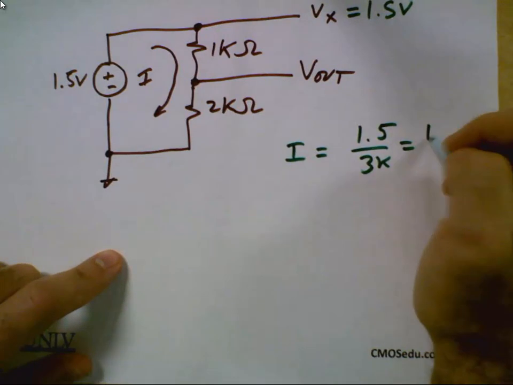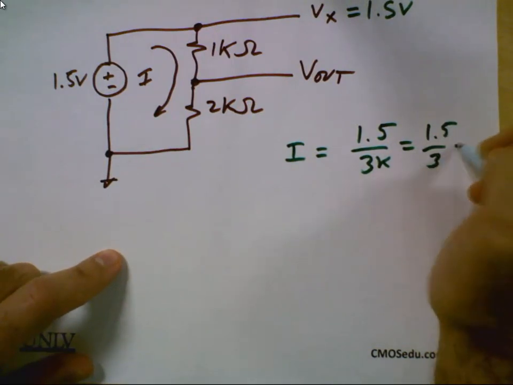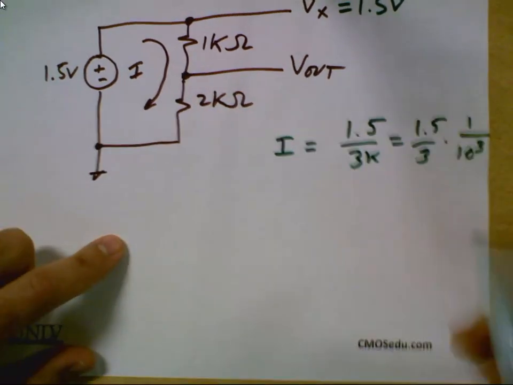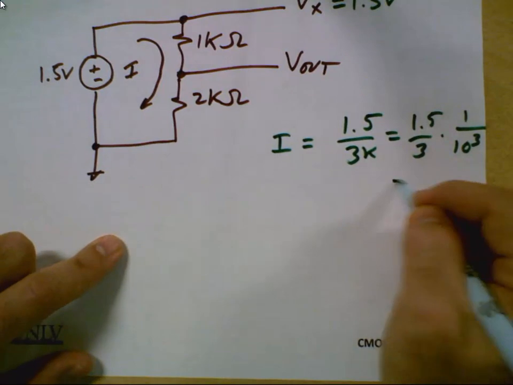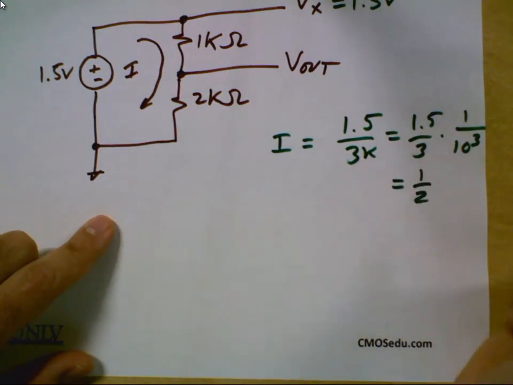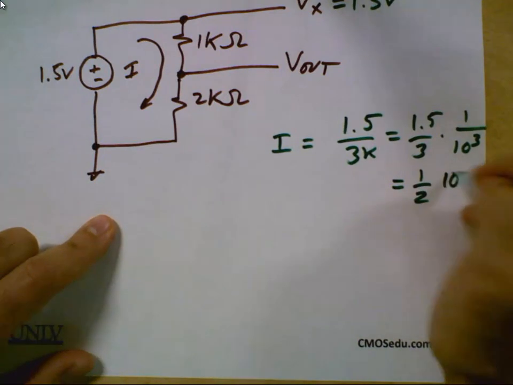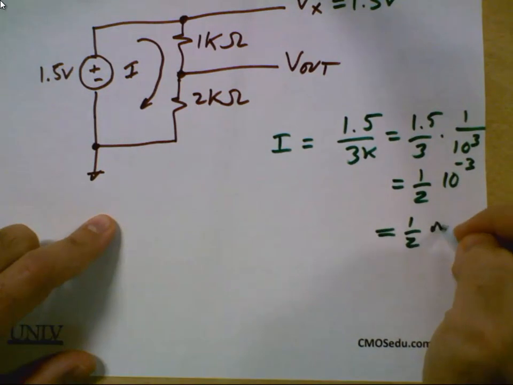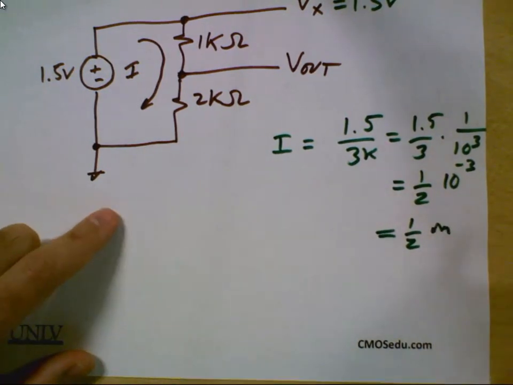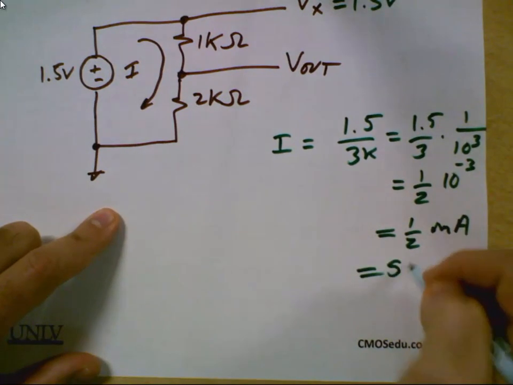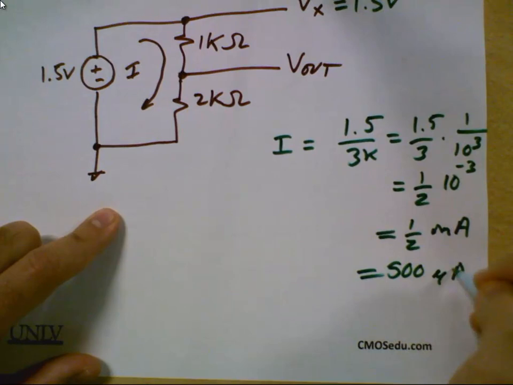So 1.5 over 3 times 1 over 10 to the third. What's 1.5 over 3? Yep, 1/2 or 0.5. What's 1 over 10 to the third? What are the units of current? Amps, so it's milliamps. Let's write it as 500 microamps.